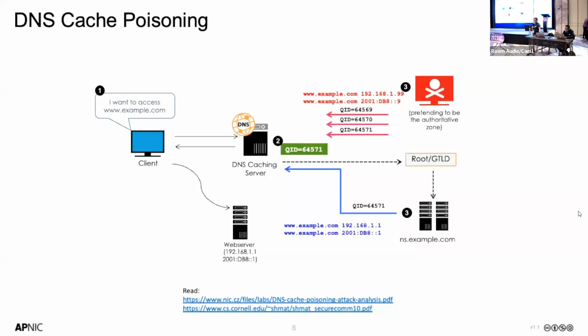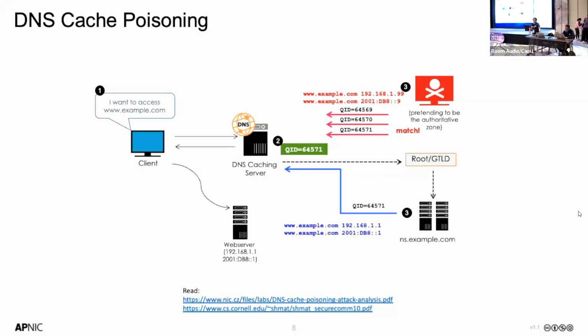It tries to pollute the cache by sending a lot of information into it, hoping that one of them will match. Basically, I'm telling the cache the IP address for the domain you're looking for is this, which, as you can see, is not exactly correct. The red ones are fake, the blue ones are correct.